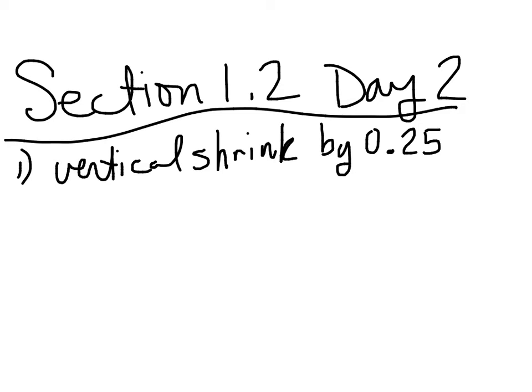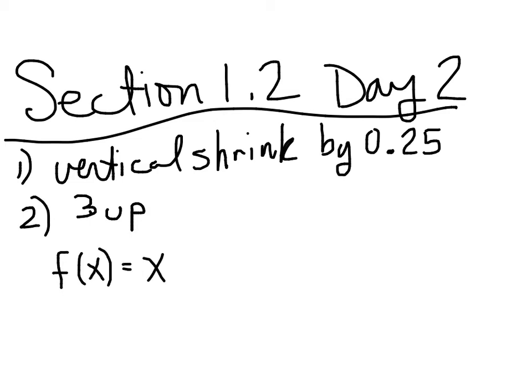Then it says followed by a translation 3 units up of the graph f of x equals x. So it's taking that original parent and it's asking you to do those two things on it in that order. So it wants you to do a couple of things for it, but it specifically says in that order.